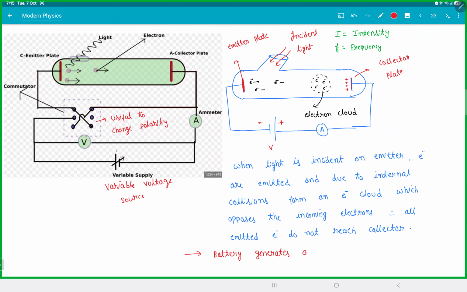This battery generates a field which will pull the electron cloud. Right? So let's see how that looks.